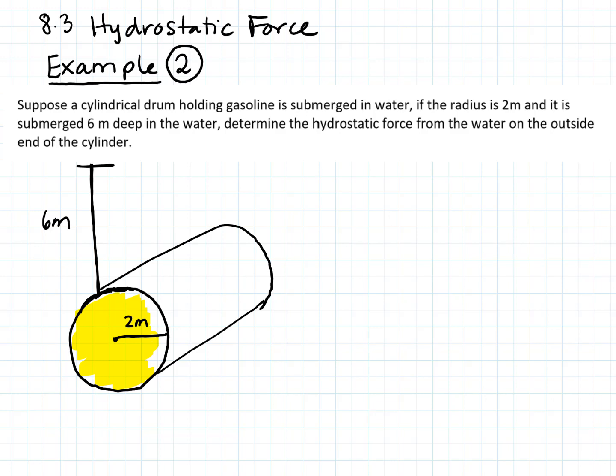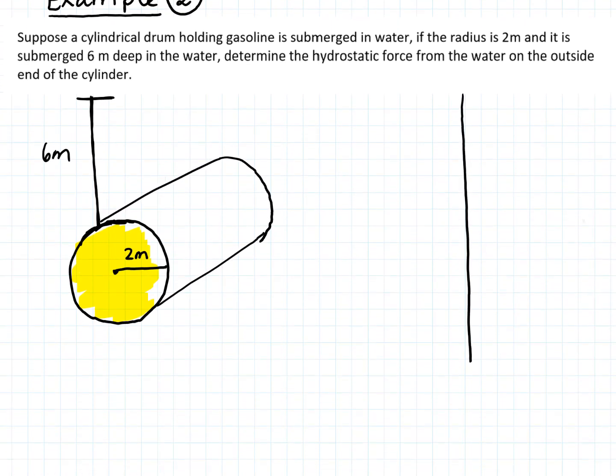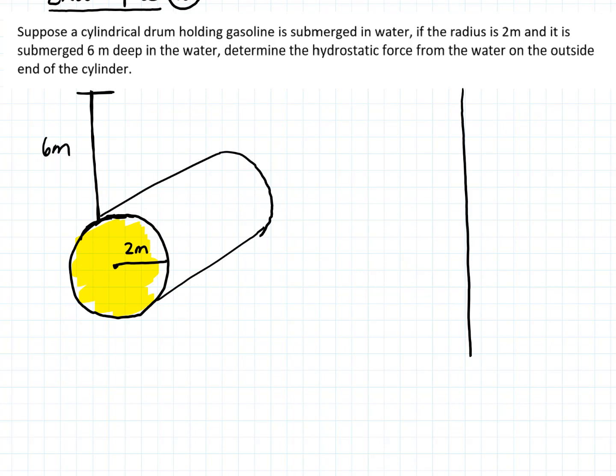So to do that, this is a circular scenario, so I'm going to put my circular face of this drum, call that 2, 2, negative 2, negative 2, with the center of the circular drum at the origin.